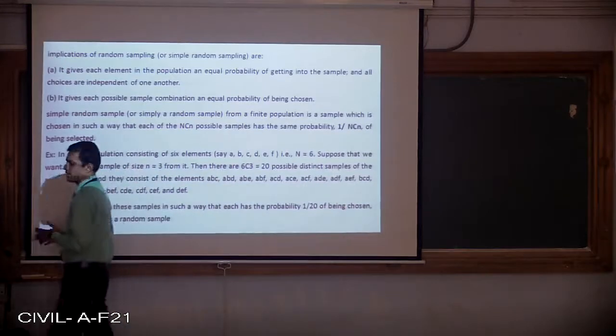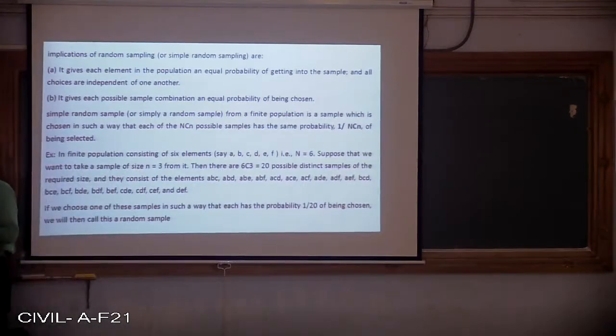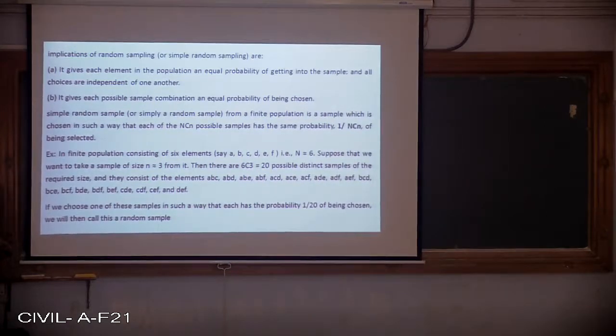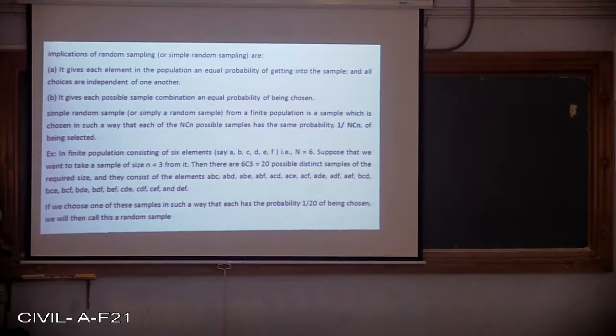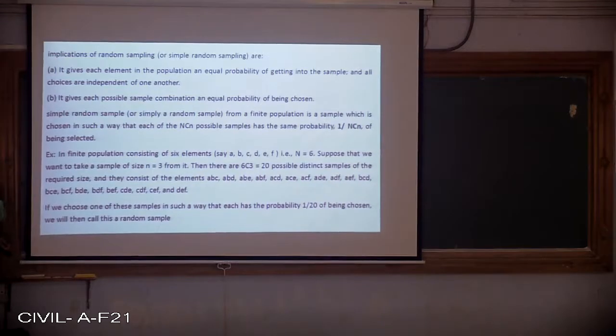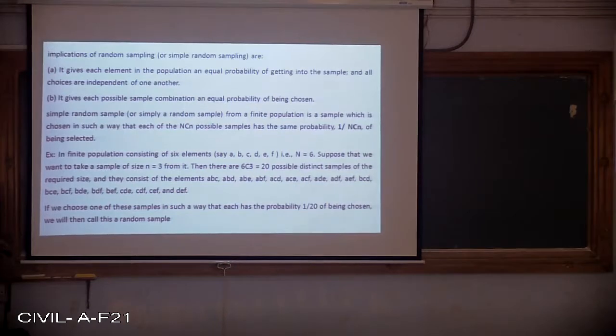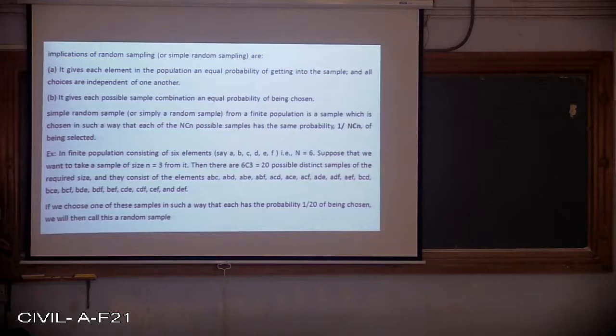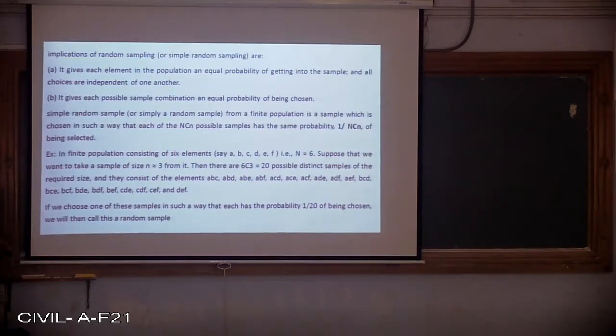One example he has given: a finite population consisting of 6 elements, say a, b, c, d, e, f, so N is 6. Suppose that we want to take a sample of size n equal to 3. The sample size is 3, the elements are 6. So 6C3 is equal to 20 possible distinct samples.